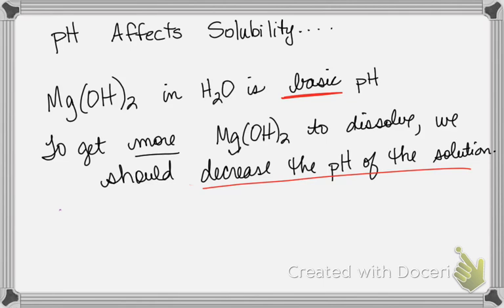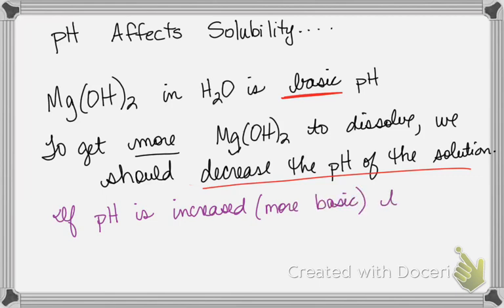So to get more soluble, basically you identify the pH of your salt. You go the opposite way to get more to dissolve. If the pH, this is where I caught my mistake, if the pH is increased, increased means more basic, then less salt dissolves.